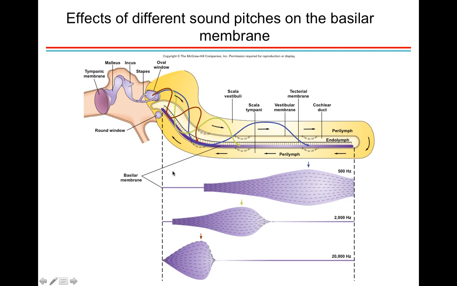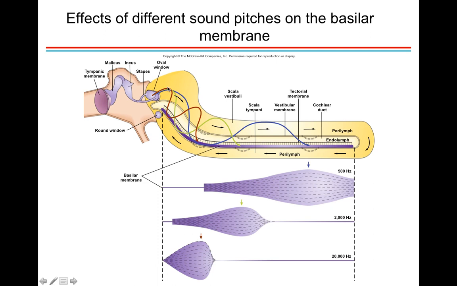So depending on the wavelength of the sound, the waves are going to travel through the perilymph differently. For example, this is a 20,000 hertz sound, a high frequency sound. This is going to have vibrations hit the very beginning of the duct.